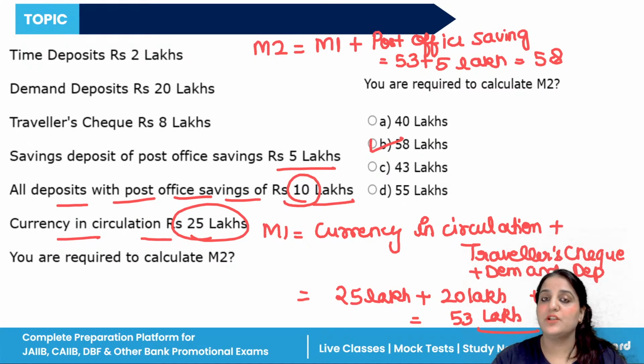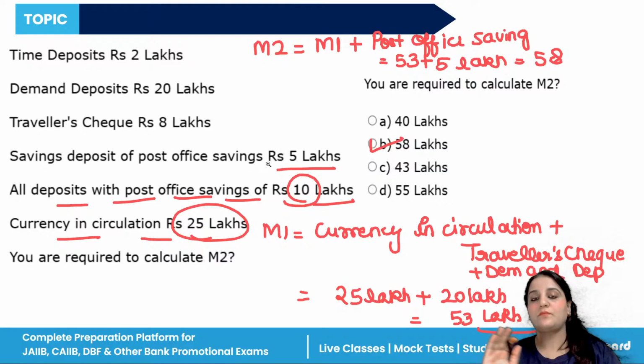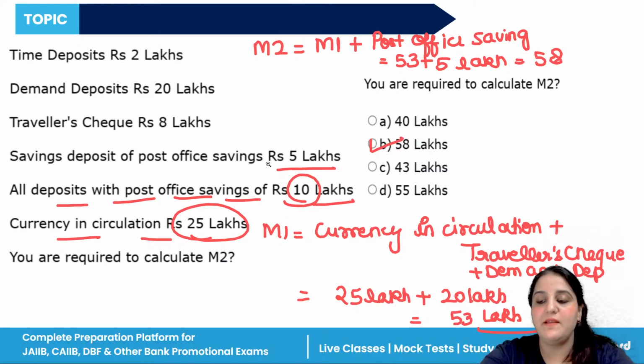So for the calculation of M2, we have to calculate M1 first. Then we can calculate M2. Clear? So the answer is option B, 58 lakh.